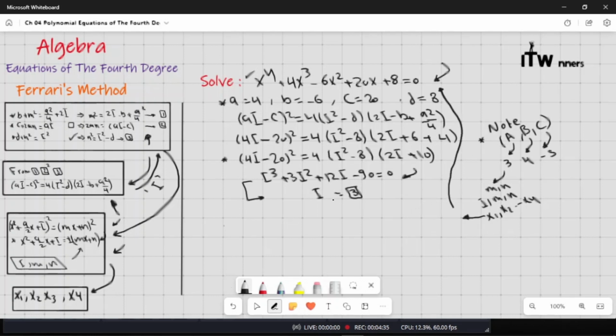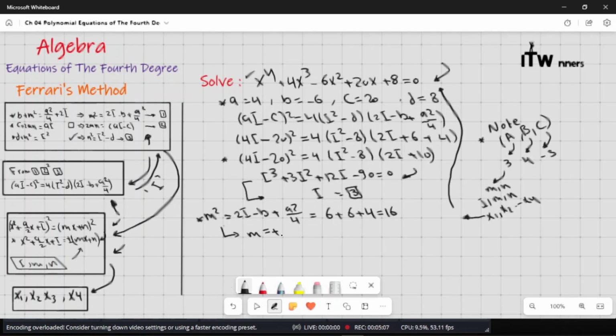Okay, so we have i equal to 3. So just here we will obtain m squared equal to 2i minus b plus a quarter of a squared. So m squared equal to 6 plus 6 plus 4. So we have 16. m equal to plus or minus 4.